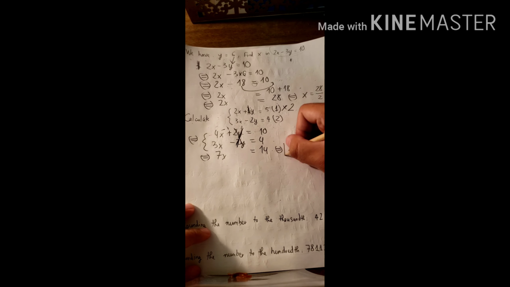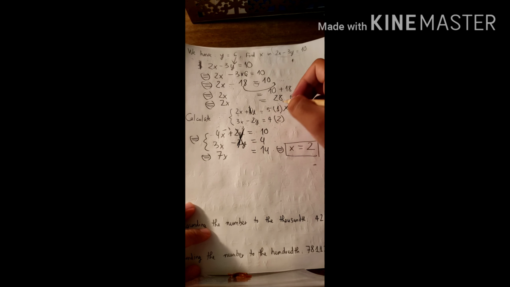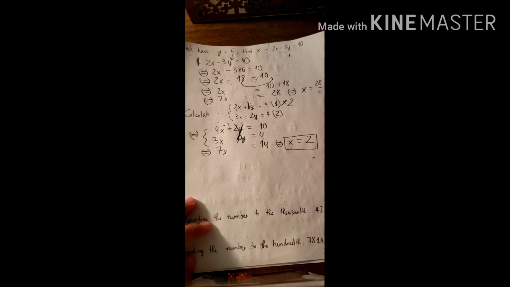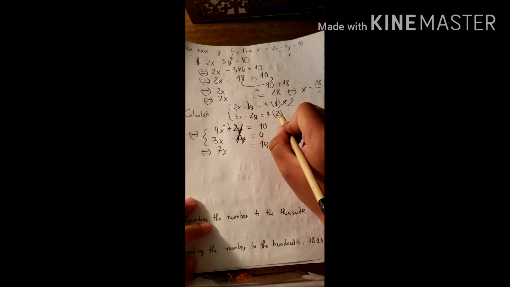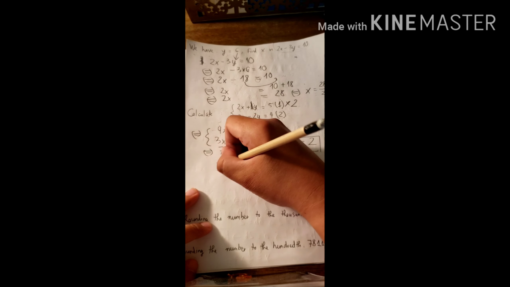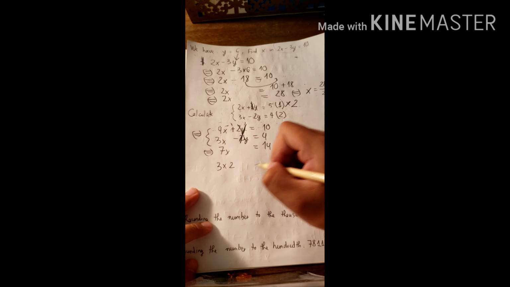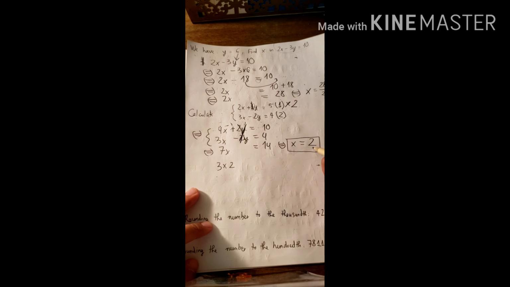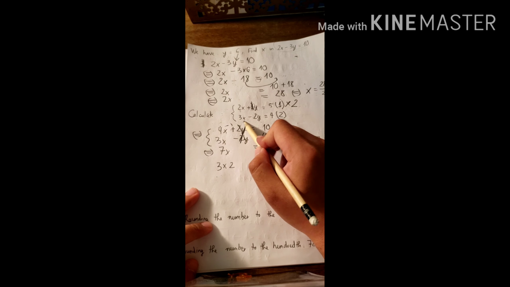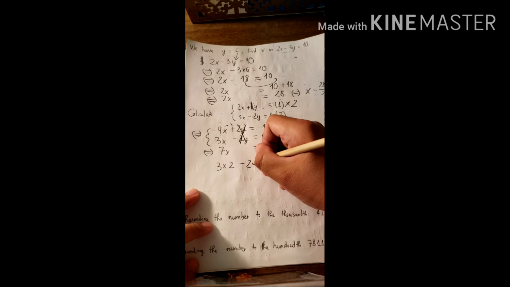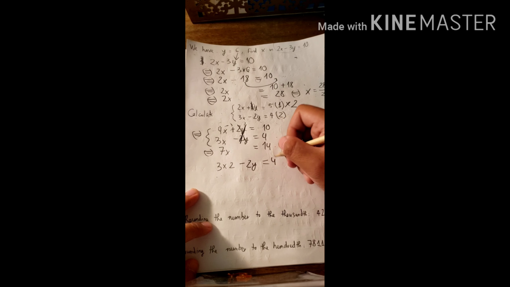We can put s equal to 2 into equation number 1 or equation number 2. They will provide the same solution. So I put it into equation number 2, so that we have 3 multiplied by 2, because s is 2, minus 2y equals 4.